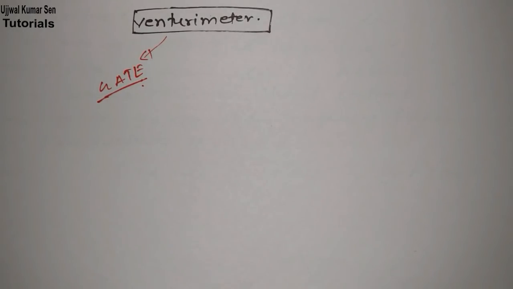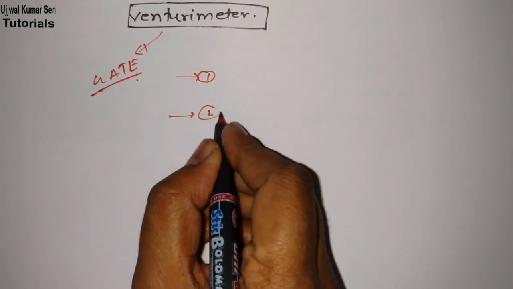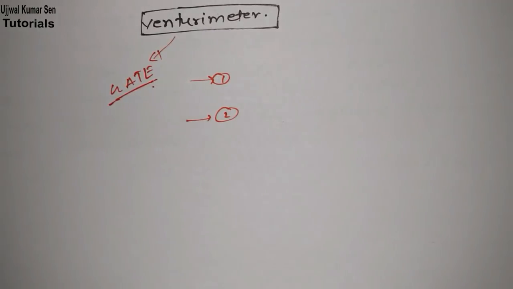For solving problems related to the venturi meter, as I have seen in questions, you require two formulas, and these formulas are most important. Probably you know those formulas, but implementation of those formulas is the key to success, meaning to get the right answer.